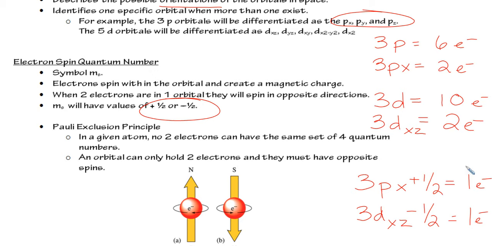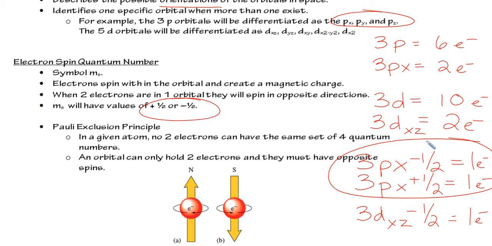We could have somebody that looks like 3px minus 1/2. These guys are roommates or orbital mates. I had friends that were twins. They called each other womb mates. Get it? Womb mates.